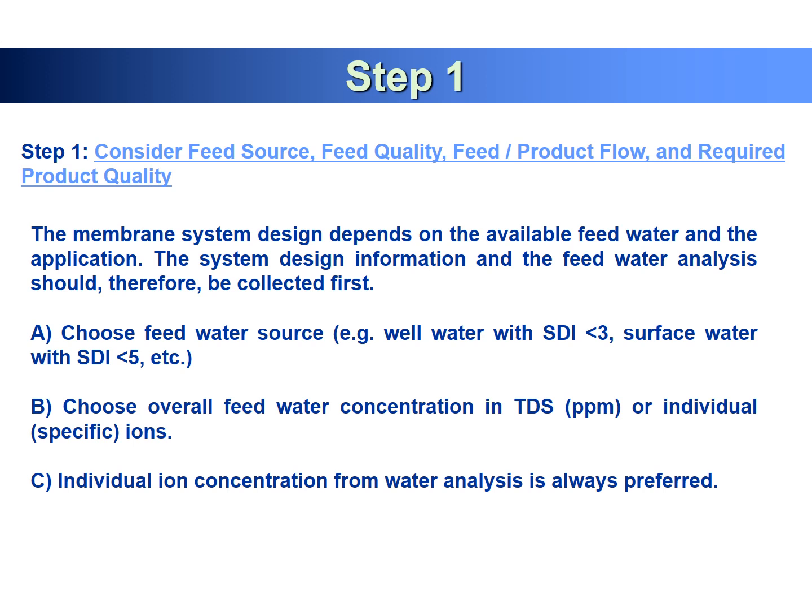If you have individual specific ions such as calcium, magnesium, silica, sodium, chloride, sulfate, alkalinity, and hardness, we can assess inorganic scaling impact better. If you have individual ions, you will get better outcomes from your software design. Individual ion concentration from water analysis is always preferred.